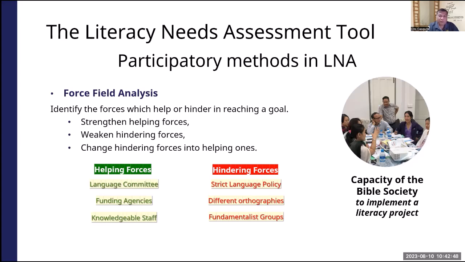So the group can identify or even begin to plan and make ways on how to change these hindering forces into helping ones or to weaken them or to strengthen the helping forces. So force field analysis is a very participatory, very active, interactive tool to use first in assessing the needs, but of course in planning as well.